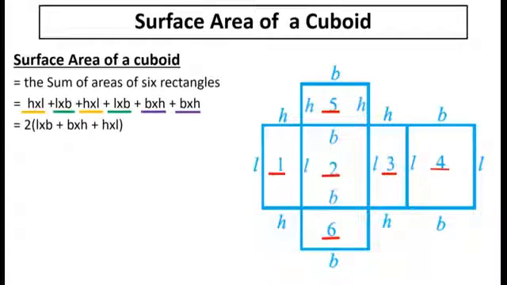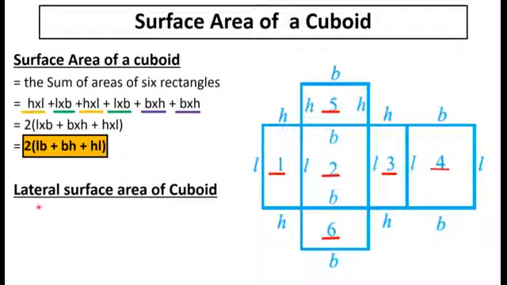So by taking 2 as common, we can write it as 2 into within bracket L into B plus B into H plus H into L. So it can be further written as 2 within bracket LB plus BH plus HL. This is our formula for surface area of a cuboid.